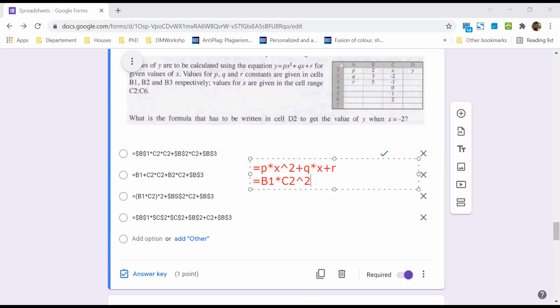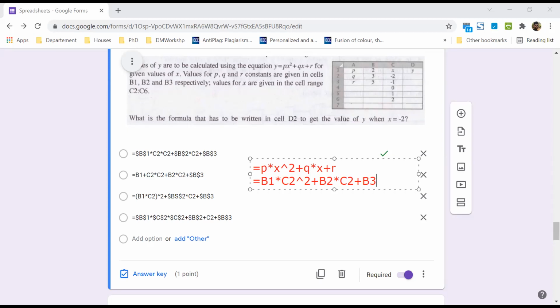You can say hat 2 plus Q, which is in B2, into we have C2, plus R, which means B3. Right. So this is the answer.